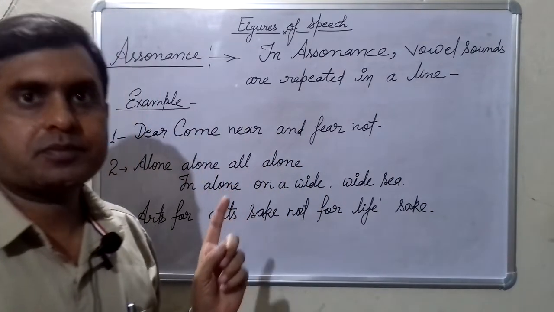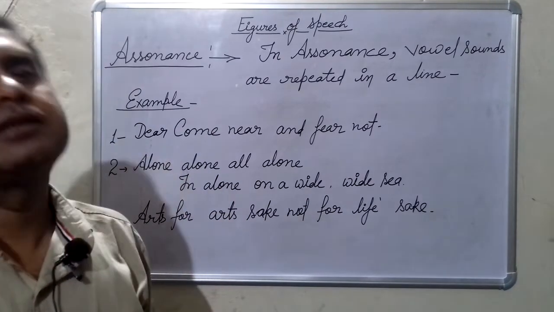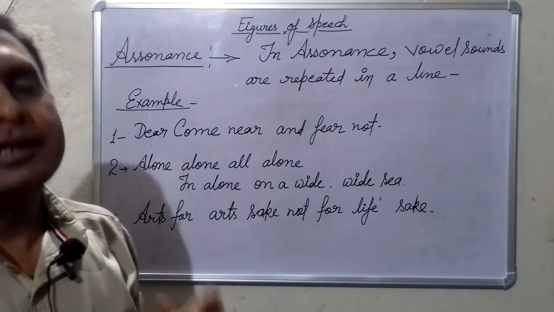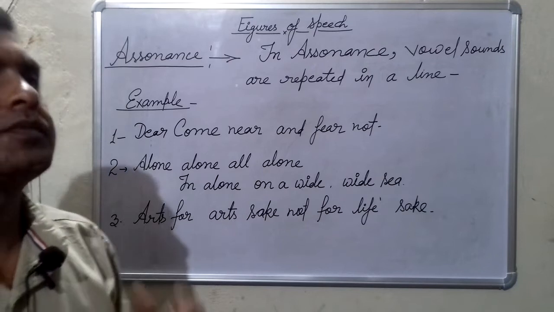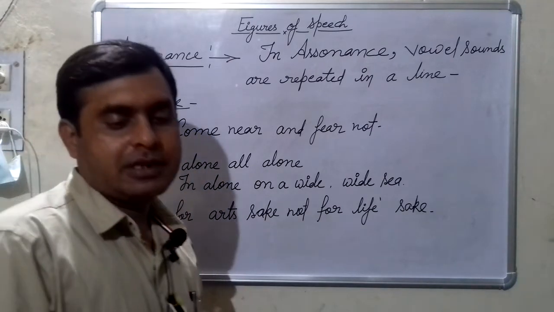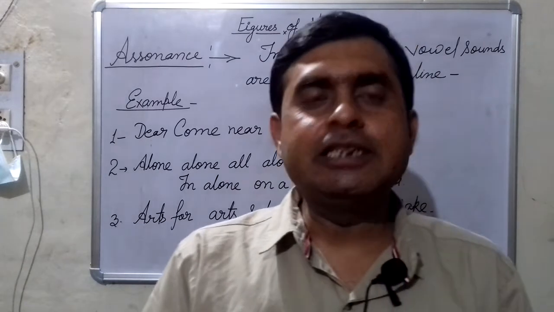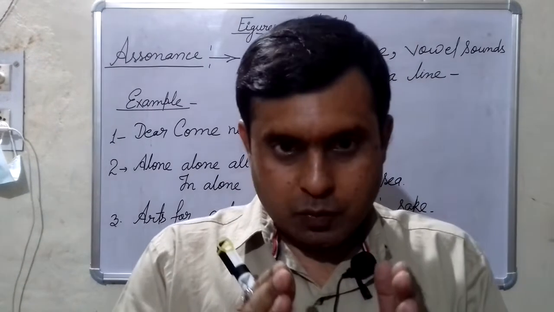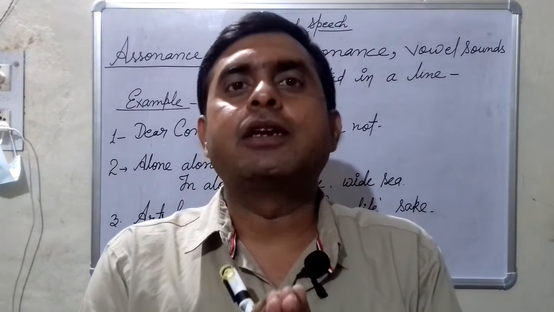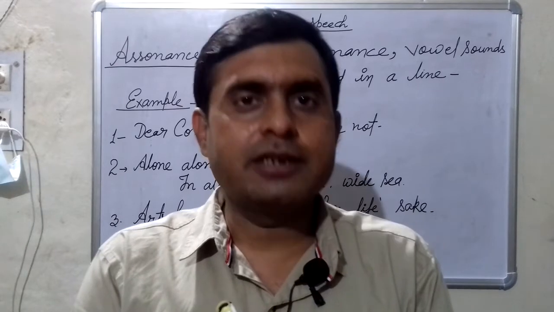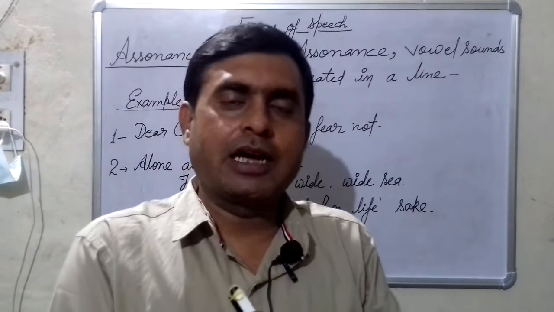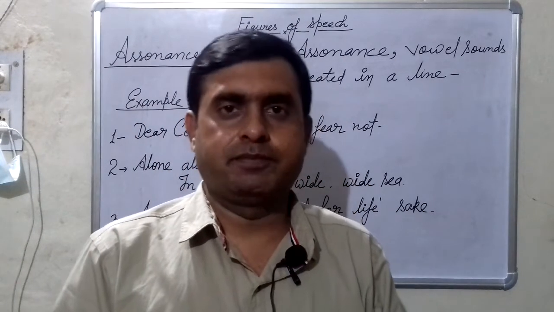Assonance. Assonance is a figure of speech which is very important. When we read a poem and it is properly rhymed, we can find the majority of the assonance in the poem.